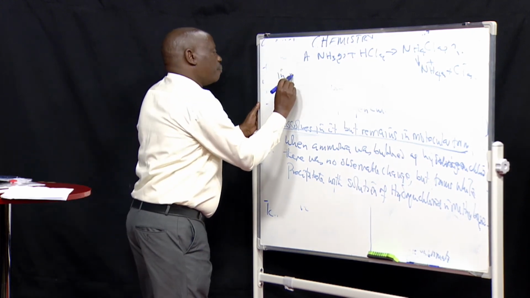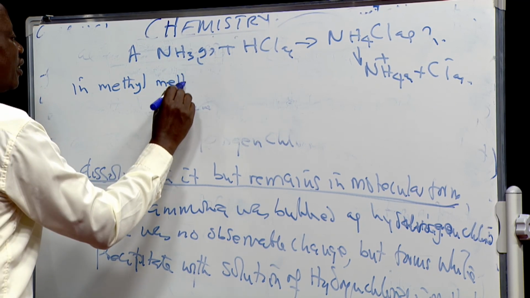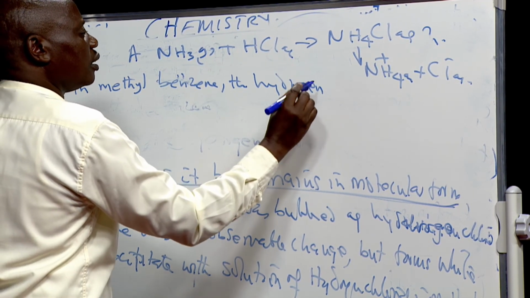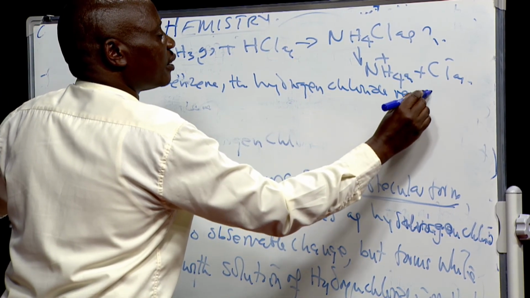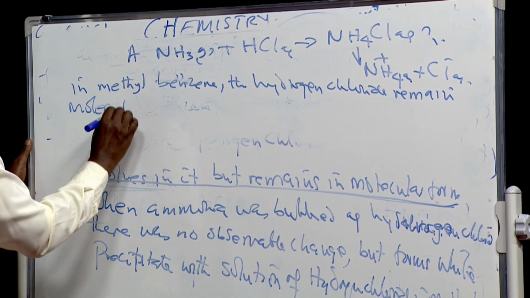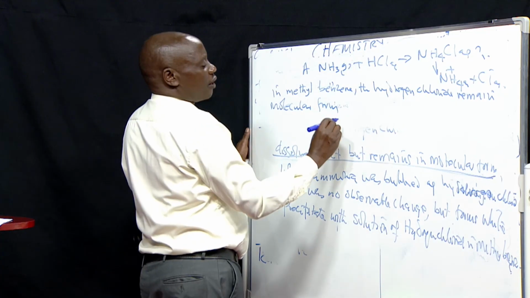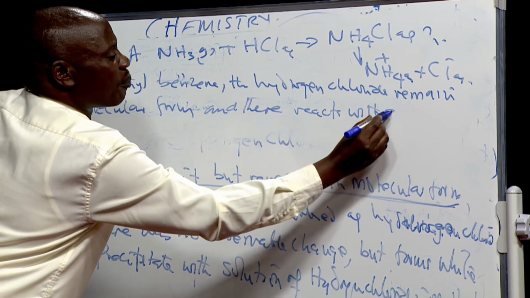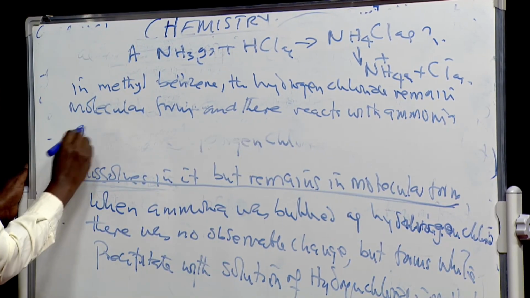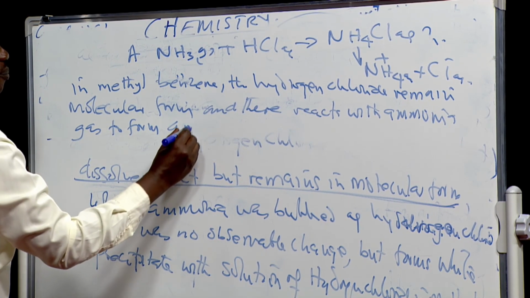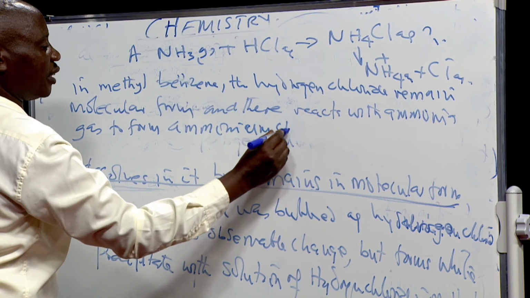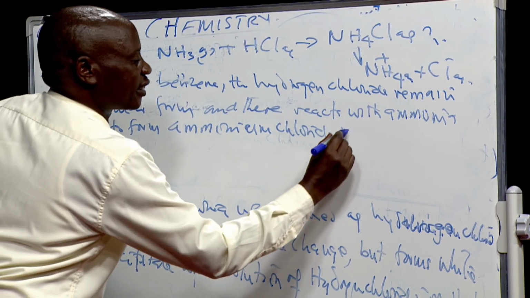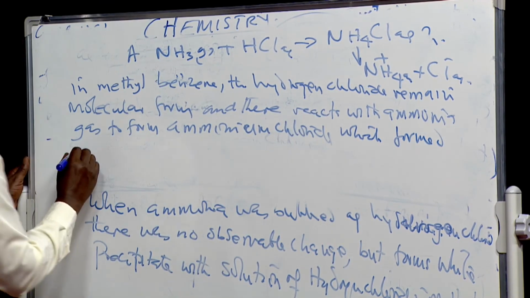But in methylbenzene, the hydrogen chloride remains in molecular form, and therefore reacts with ammonia gas to form ammonium chloride, which is formed as a white solid.